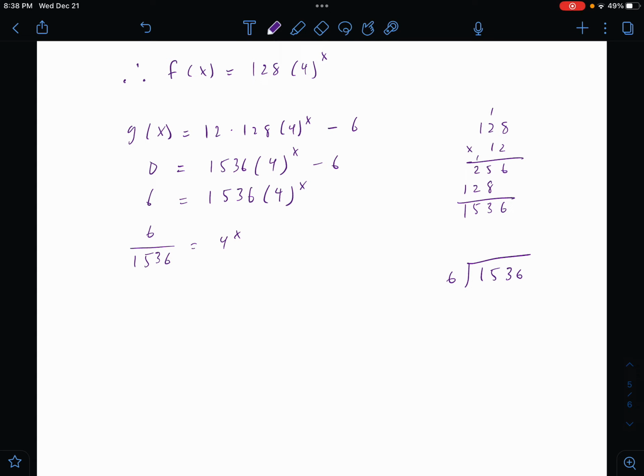So how many times does 6 go into 15? This is a good review of long division. Twice. And we get 12. Subtract, we get 3. Bring down the 3. How many times does 6 go into 33? 5 times.